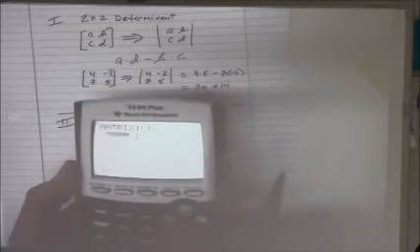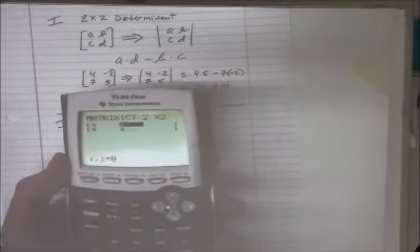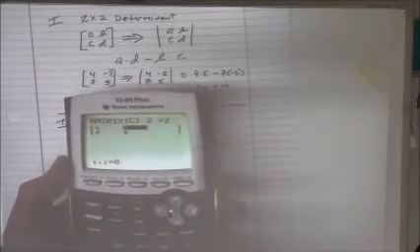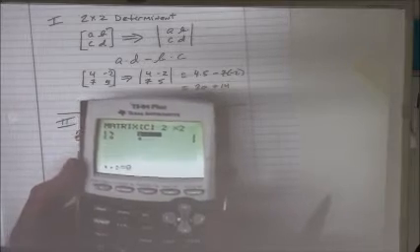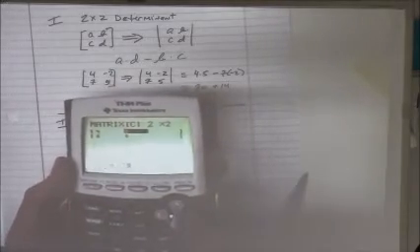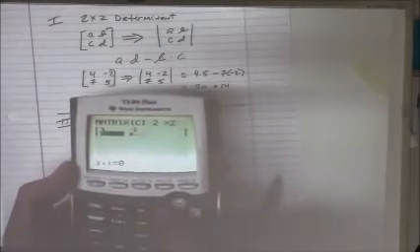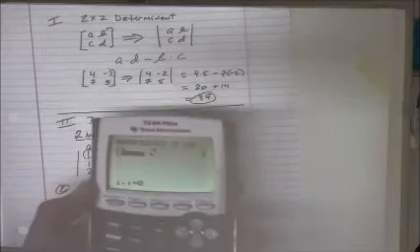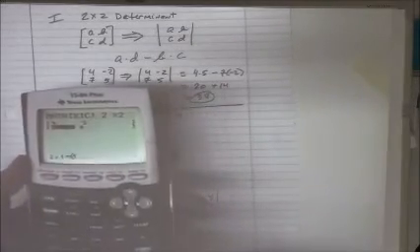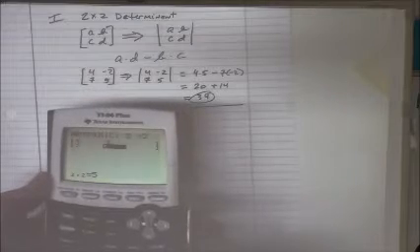Whoops, I have to delete it because I didn't press enter after that 4. Enter works, but the arrow key doesn't, so it's easiest if I do enter. Now I'm going to do negative 2. Then I'll do the 7, and then the 5.